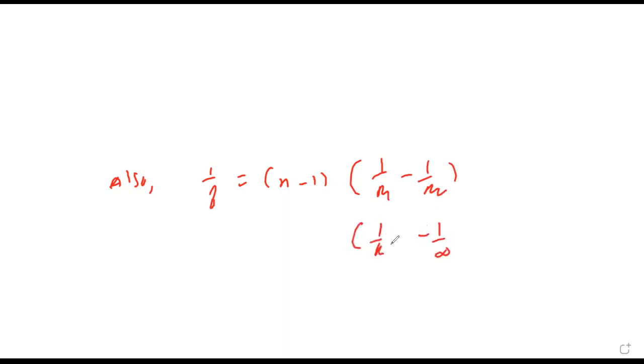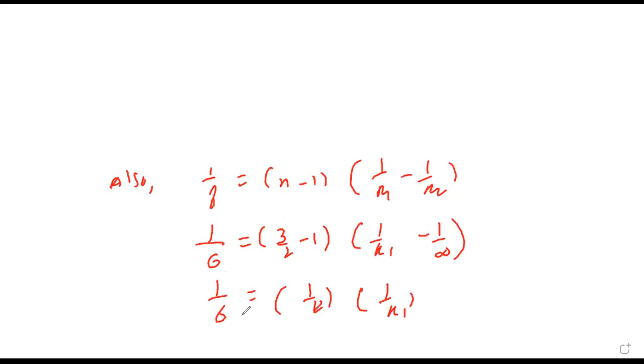After getting F, 1 upon F is refractive index minus 1, 1 upon R1 minus 1 upon R2. One surface is plane, so infinity. First surface's curvature you want. 1 upon F we got 6 and this we got 3/2 minus 1. So 1 upon 6 equals 1/2 into 1 upon R1. R1 equals 3 meter. Answer 3.